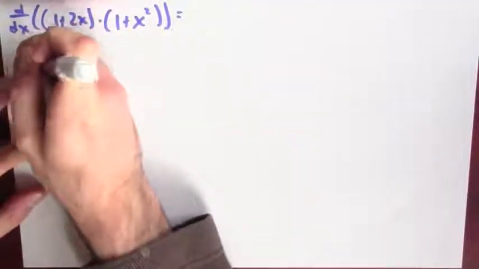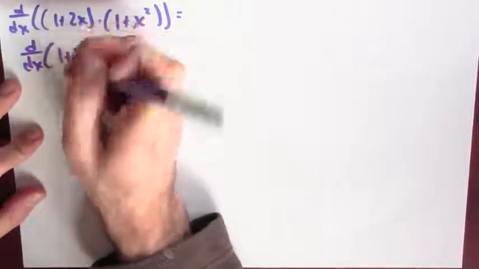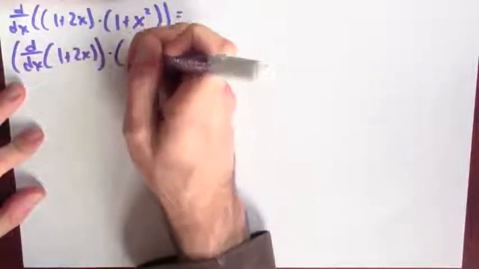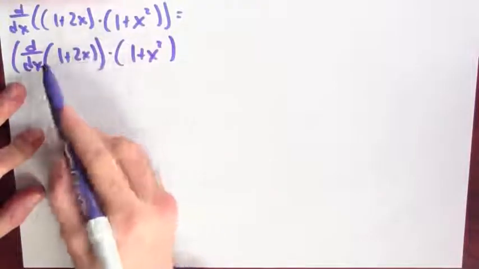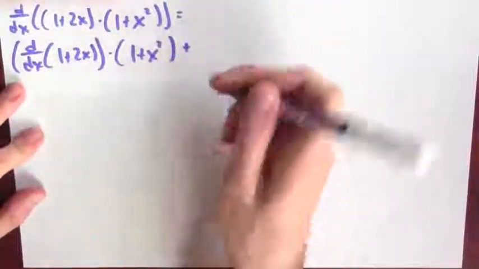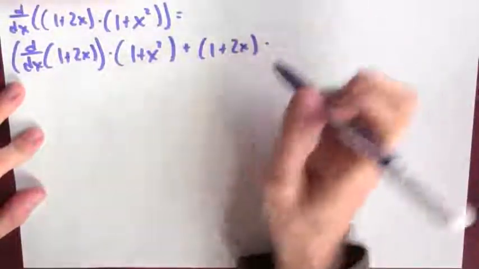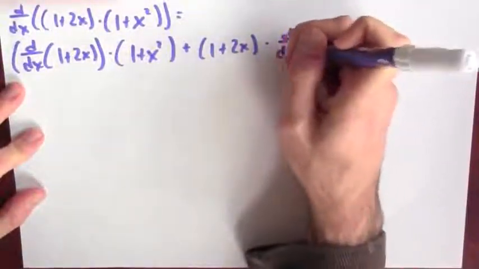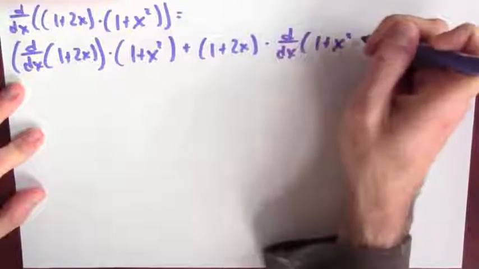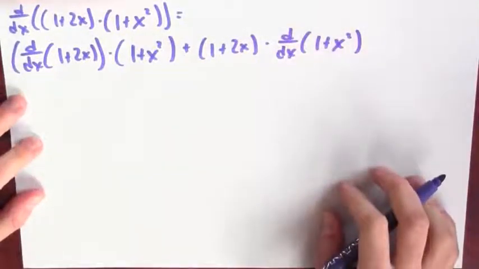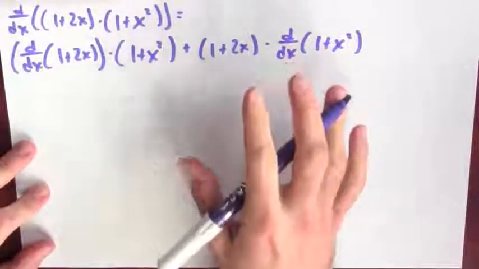So it's the derivative of the first term in the product times the second term in the product, derivative of first function times the second, plus the first function, 1 plus 2x, times the derivative of the second. Well, that's an instance of the product rule.